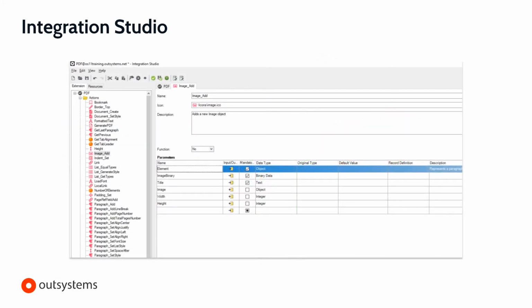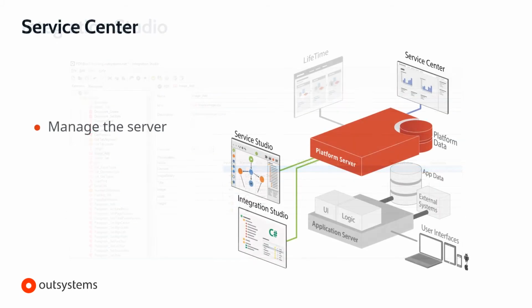Integration Studio takes those resources and creates representations of them inside the OutSystems world. Once those representations exist inside an extension, they can be published to the server and used inside Service Studio as normal OutSystems resources.